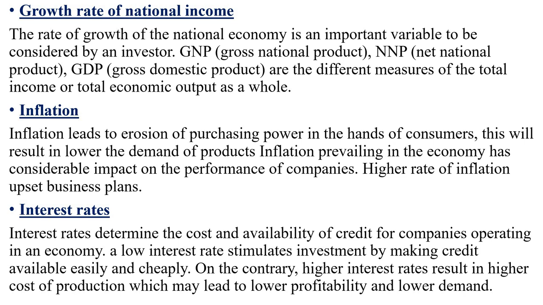The growth rate of the national economy also affects securities. How do we calculate the growth of the national economy? With the help of GNP, that is Gross National Product, NNP, Net National Product, and GDP, Gross Domestic Product. Like this, different indexes are taken into consideration to measure the growth rate of national income. With that, we also take the total income and total economic output to calculate the growth rate in the country.